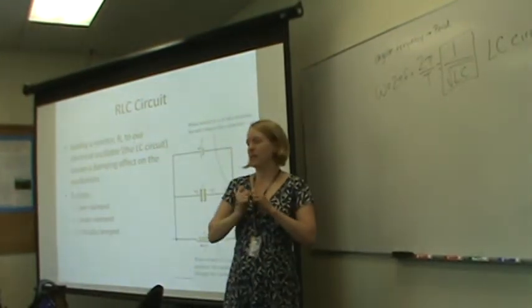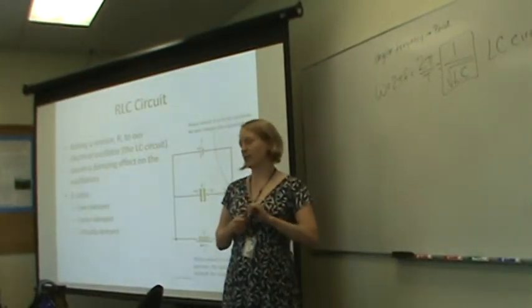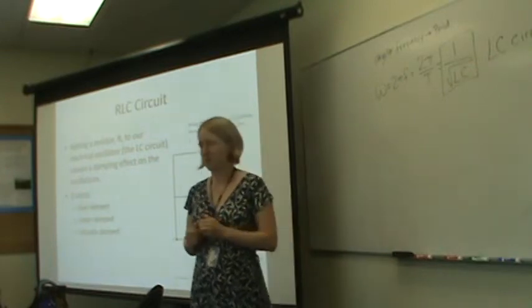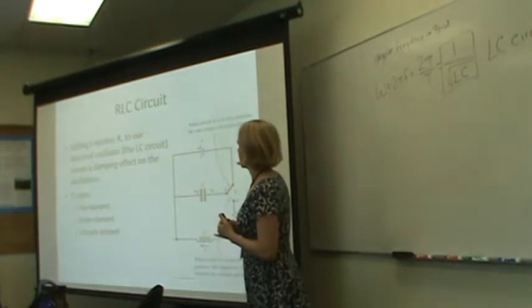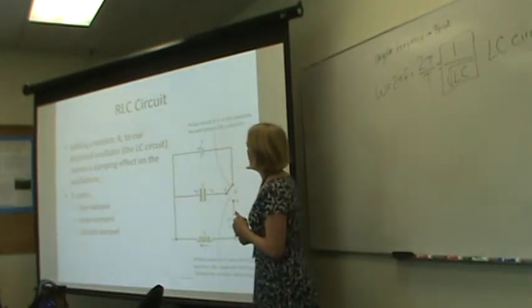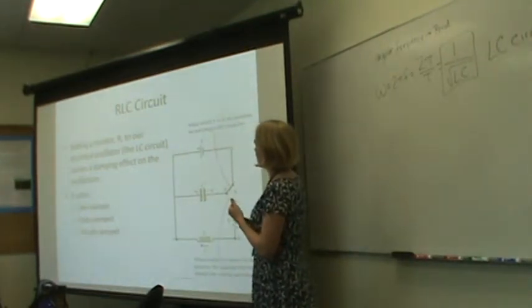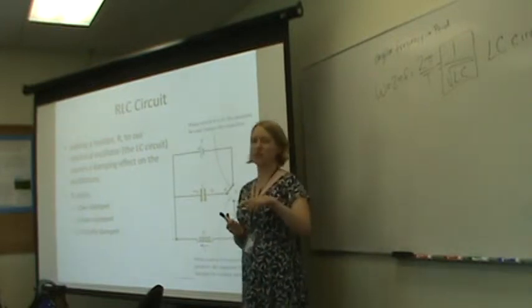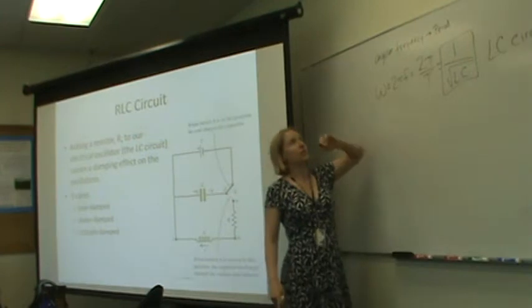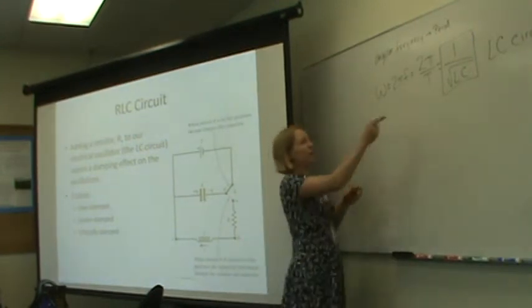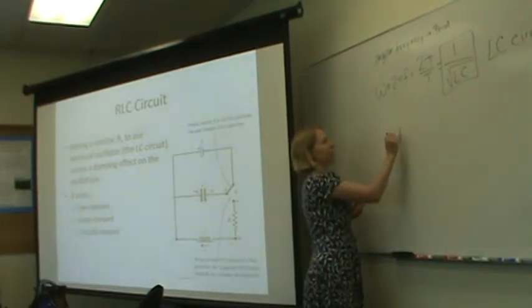And then the last circuit we're going to look at, again briefly, is the RLC circuit. So we put everything together: resistor, capacitor, and inductor. And so that resistor, as we saw with just the LC circuit, creates that damping effect. The LC circuit is like the ideal case.